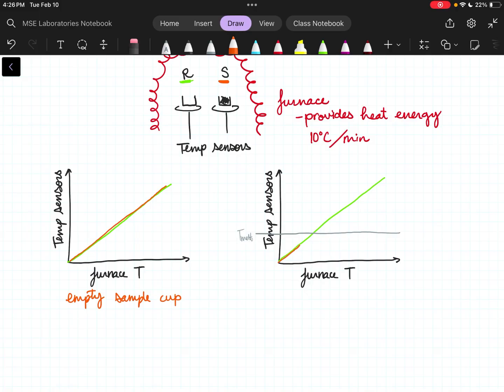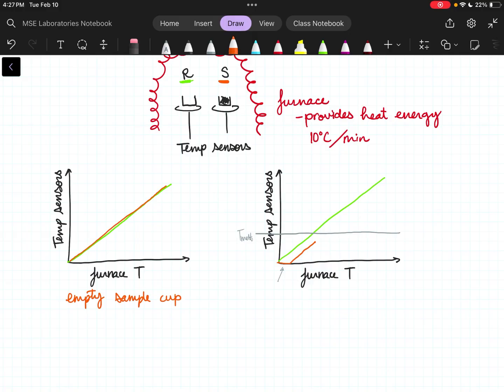My sample, as long as there is something going on, is going to follow temperature pretty closely. Now, if the material has really high or really low heat capacity, that is going to change the offset on this. So the sample may actually do something like this, where it initially does absorb a little bit of heat before it starts increasing in temperature.